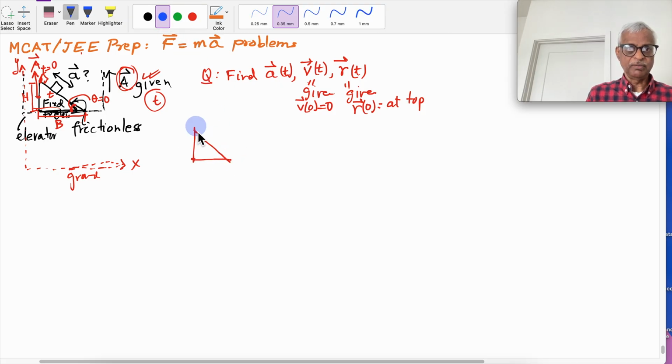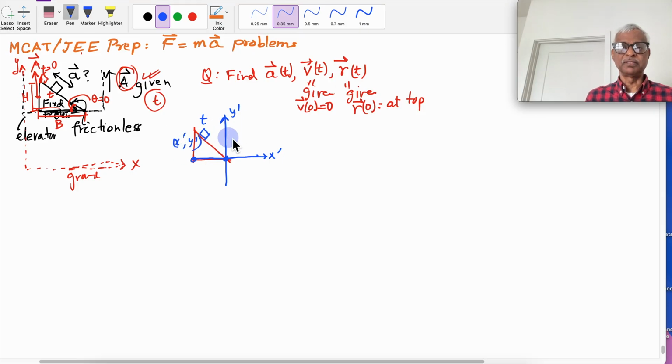I can have a frame that actually is maybe over here. This is the y prime axis, and this is the x prime axis, and the block is here at some time t. And so the block is at x prime, y prime at time t.